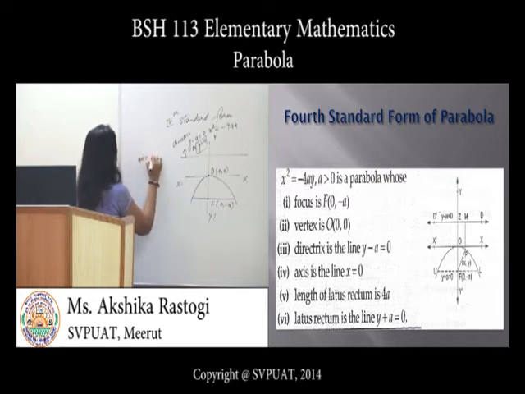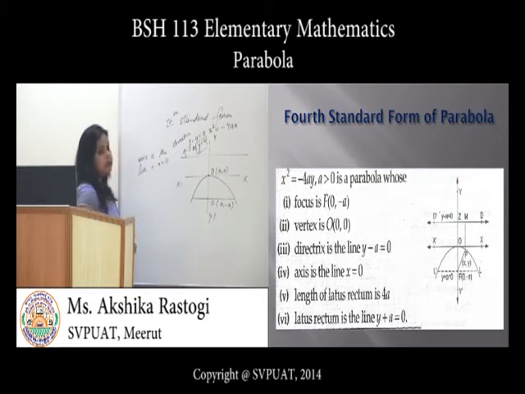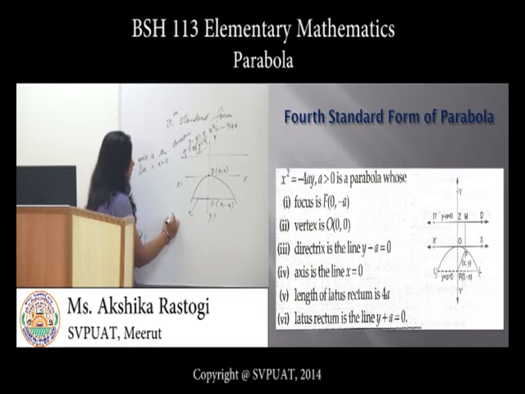What is the axis of the line? The axis is the line x equals to 0. The length of the latus rectum will remain the same, that is 4a, and the latus rectum is the line y plus a equals to 0.